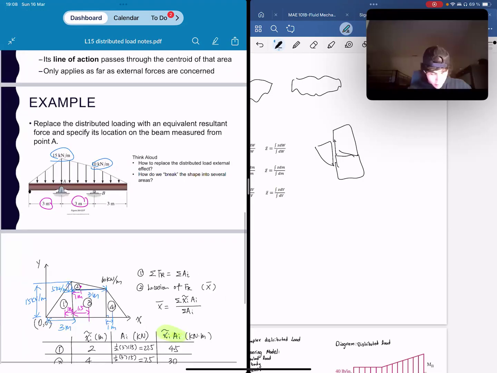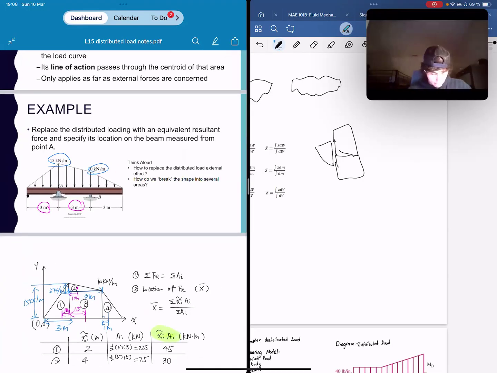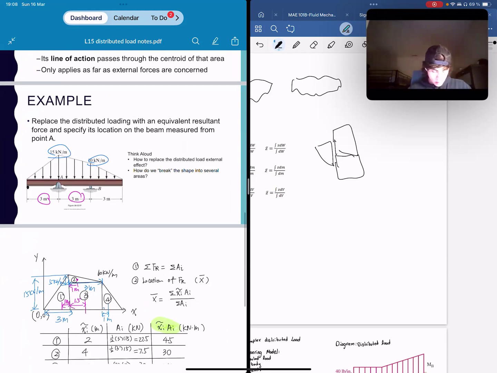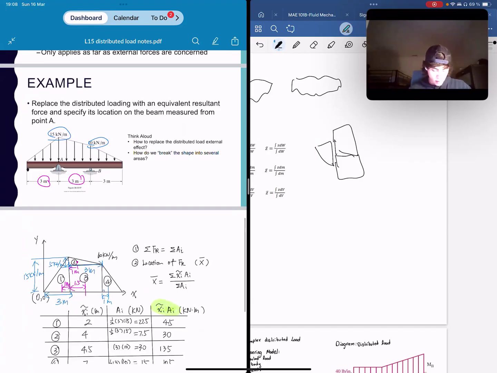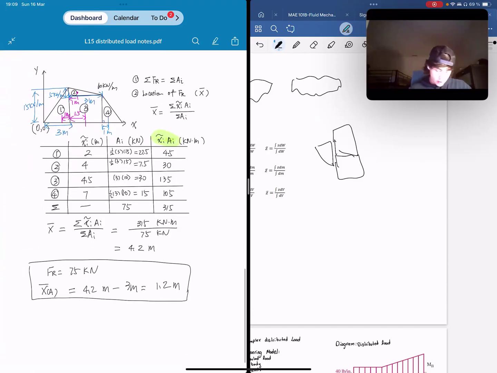And Y bar, there's no Y bar. It's measured from point A. Well, yeah, there's no need for Y bar. Let me think.